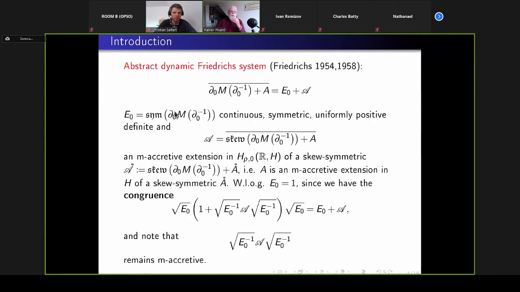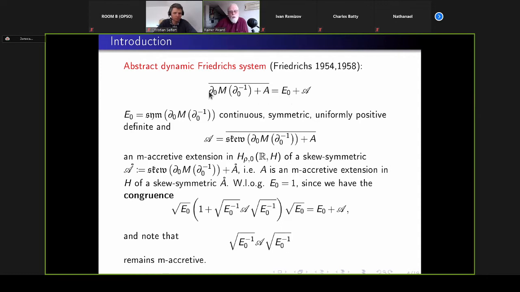So, yeah, now the connection to the Friedrichs systems. Friedrichs introduced some systems in the 50s, which are composed of an M-accretive extension of a symmetric operator, which would be the script A, and a positive definite symmetric part, which I've noted here by E0.